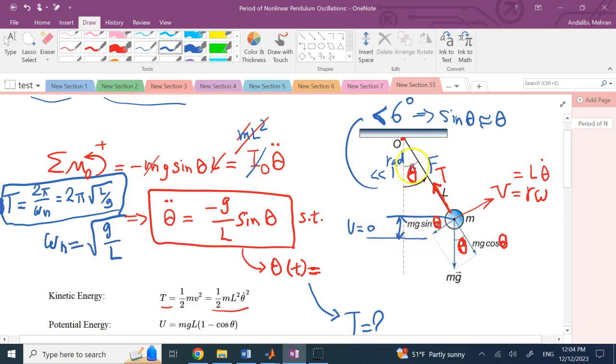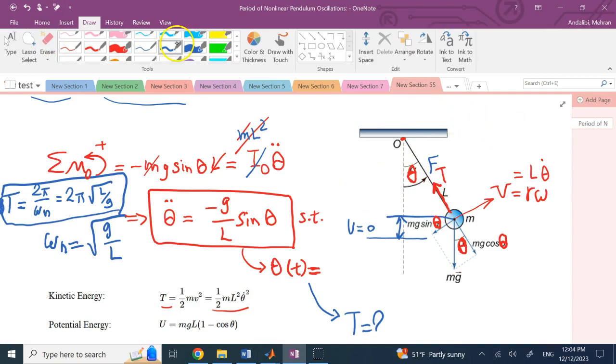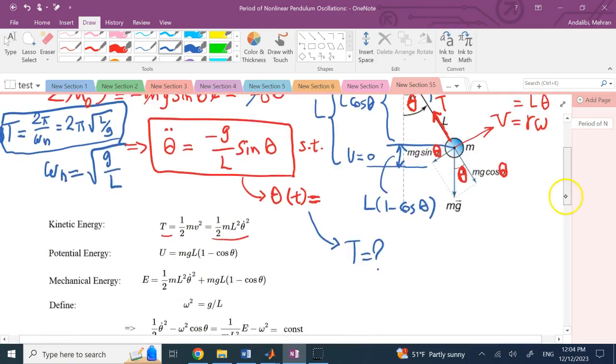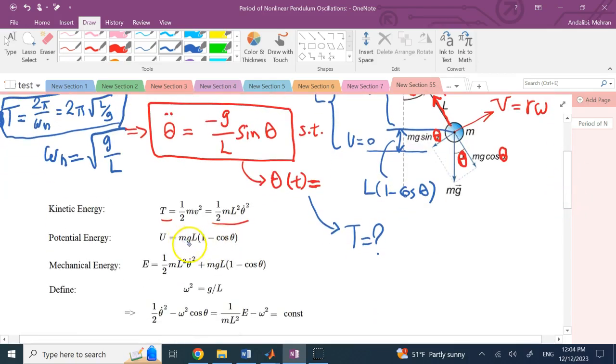If this is theta, then the distance from here to here is L cosine of theta. And this whole distance from this point to this point is L. So this guy here is going to be L times (1 minus cosine theta). And if you multiply that by mg, then you will get the potential energy.